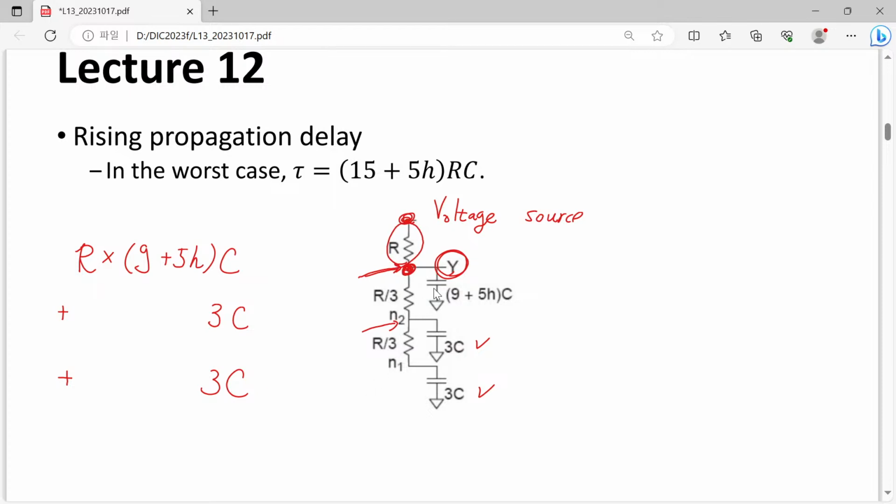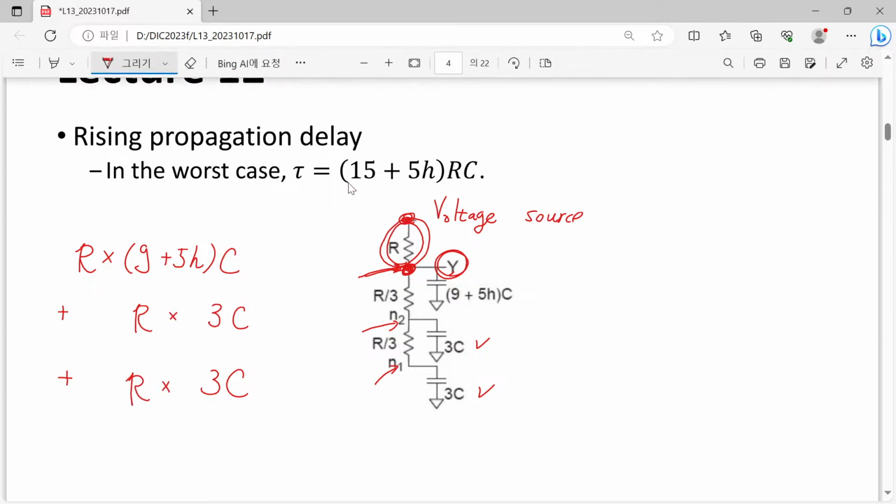How about this Y and N1 node? Even in this case, only R corresponds to the shared path, so we must multiply RC and RC. That's the reason why we have this kind of time constant.